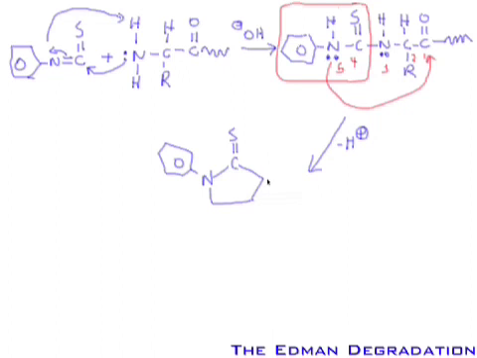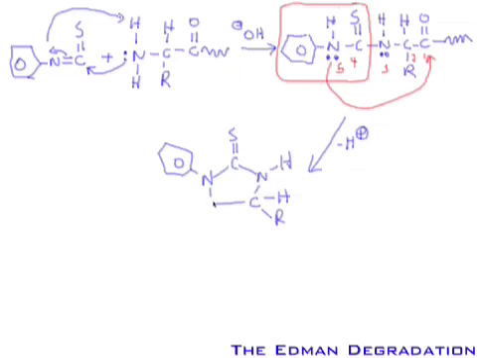And then here we have our NH. And here we have our C with an H and the R. Remember, the R group designates the amino acid.